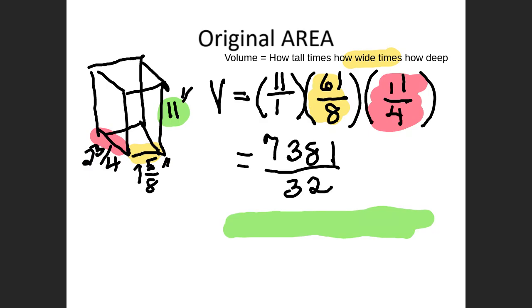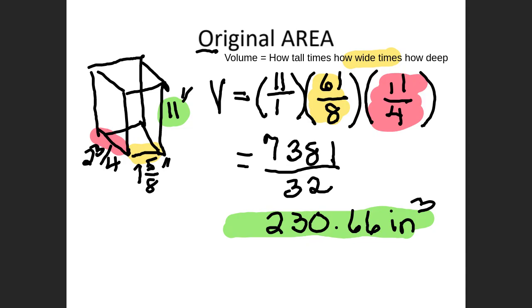So when I divide 7,381 by 32, I am getting the decimal of 230.66 inches cubed, 2 decimal places. Okay. This is my original volume. But we're not done yet.